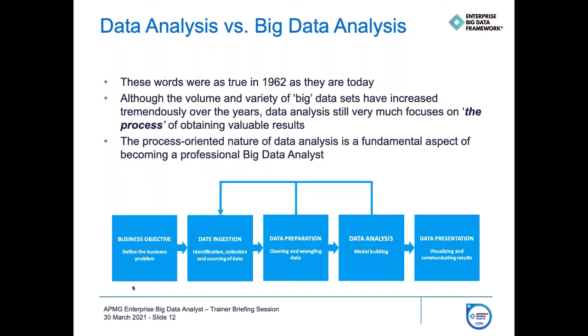And it's this process-oriented nature that is really the fundamental aspect of becoming a professional big data analyst. And as you can see here on a very high level on the slide, the analysis process basically consists of 5 major steps. So let's zoom into that in a little bit more detail.